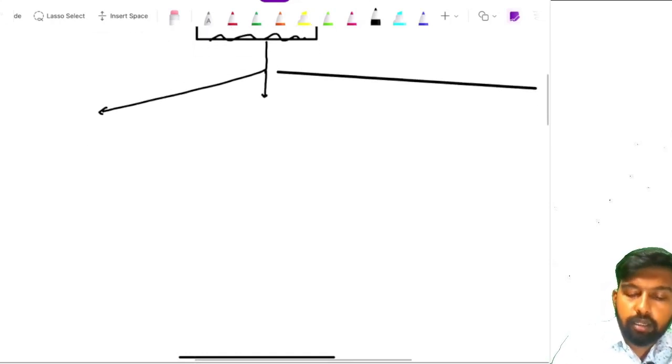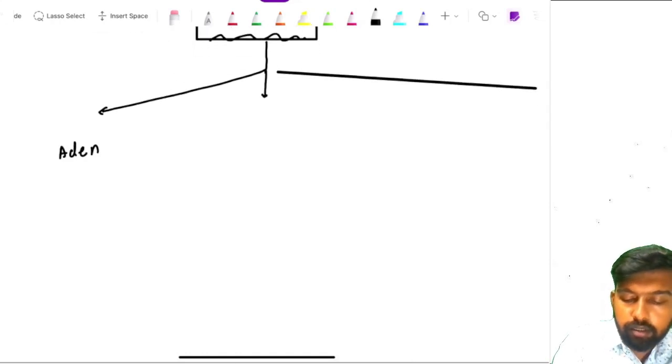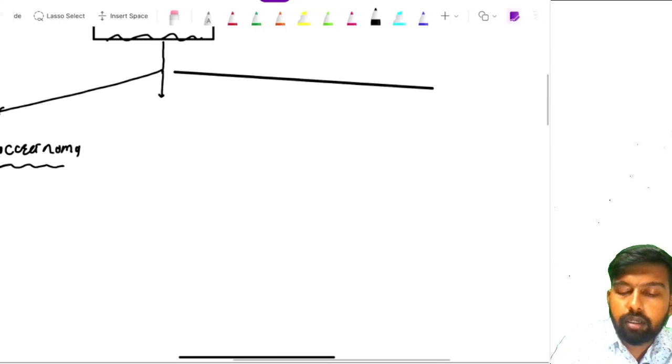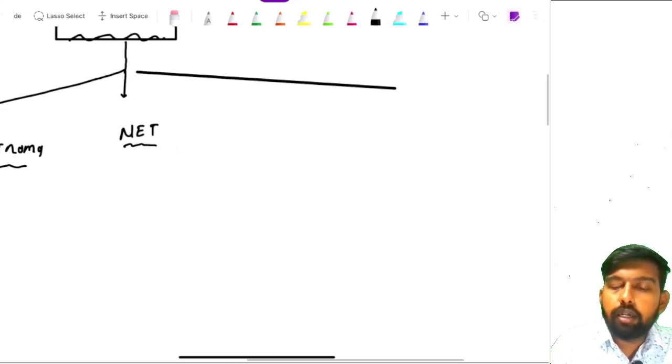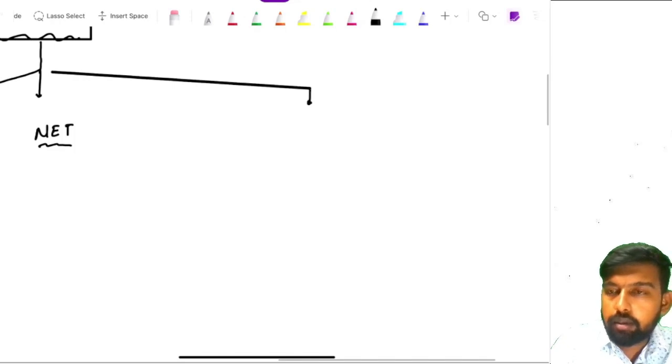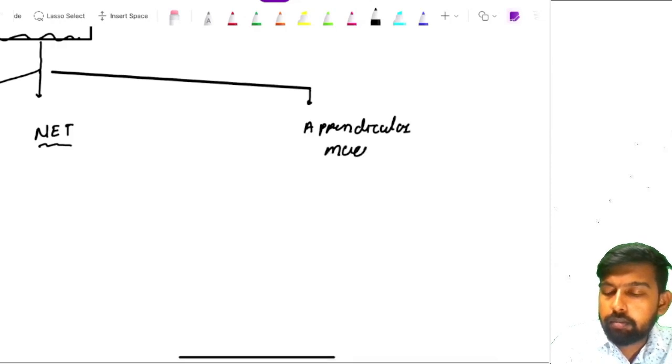It can be an adenocarcinoma of the appendix, it can be a neuroendocrine tumor of the appendix, or it can be an appendicular mucinous neoplasm.